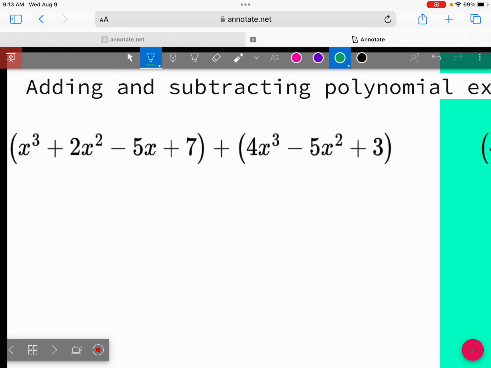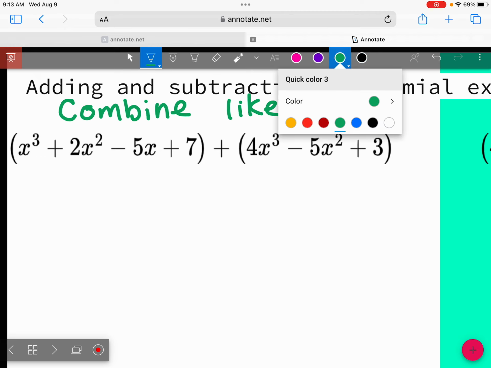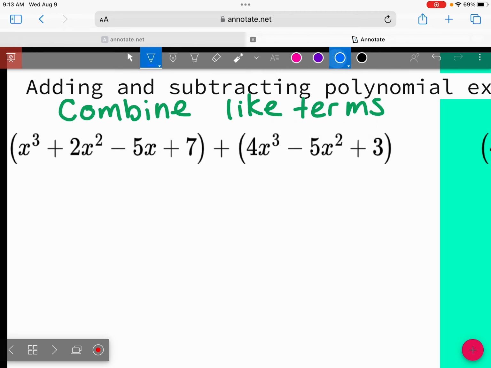It's straight up combine like terms. All we're going to do is combine like terms. When it's adding, there's not even any early steps on it. Combine like terms. So if it helps you to rewrite things in exponent order, that's totally fine.